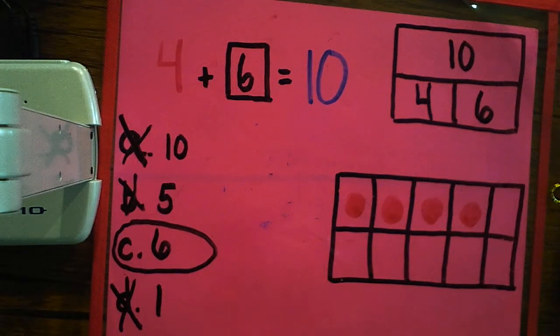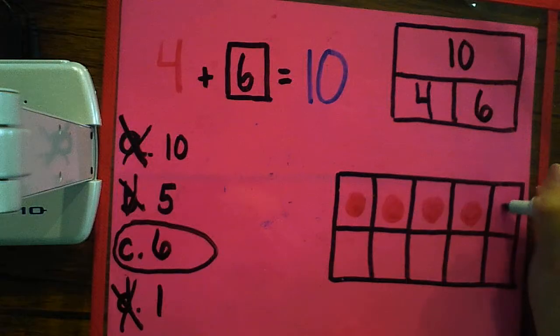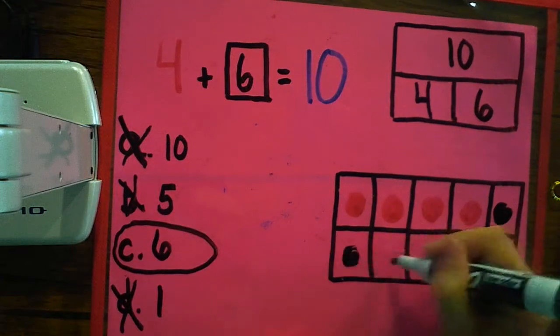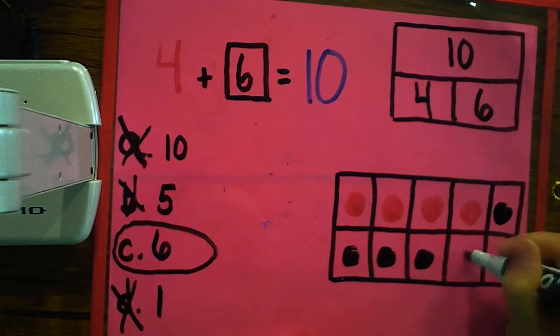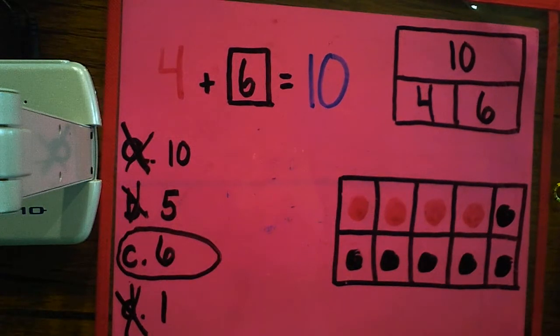I'm going to count on to my whole. All right, I'm going to keep going until I get to my whole, which is 10, and then see how many more circles or dots I had to add to my 10 frame. I'm going to use black, friends, because I don't have yellow to match my other part. Here I go. So that's 4. Count on. 5, 6, 7, 8, 9, 10. Now be careful. Don't go telling yourself, ooh, I made 10. The answer is 10.